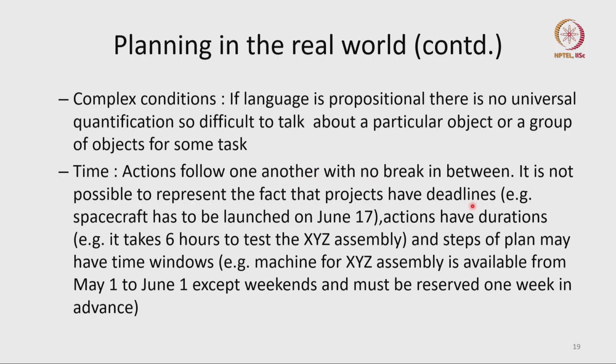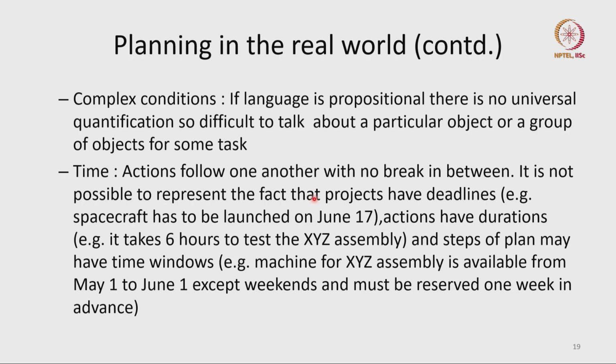Projects could have a deadline, that the spacecraft has to be launched on June 17th or some such thing, and the actions that are carried out will have certain durations. You can say that it takes 6 hours to test some assembly. And the steps of the plan may have time windows.